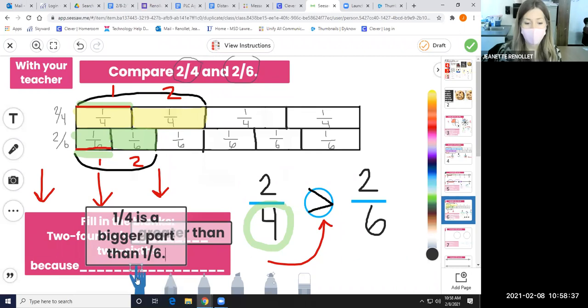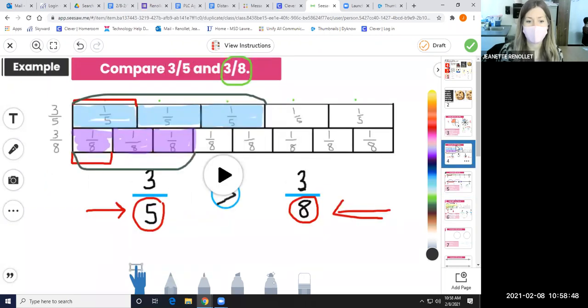Great job doing a model with me, boys and girls. I really appreciate your good focus. Here's what we're going to do until we end our Zoom. On slide number 4, there is a video example. I want you to watch and listen to slide number 4.